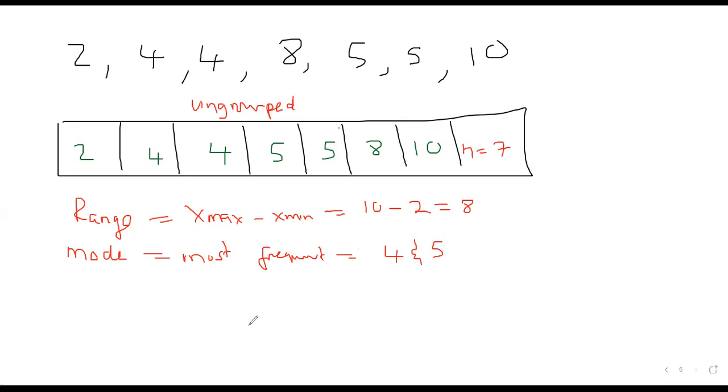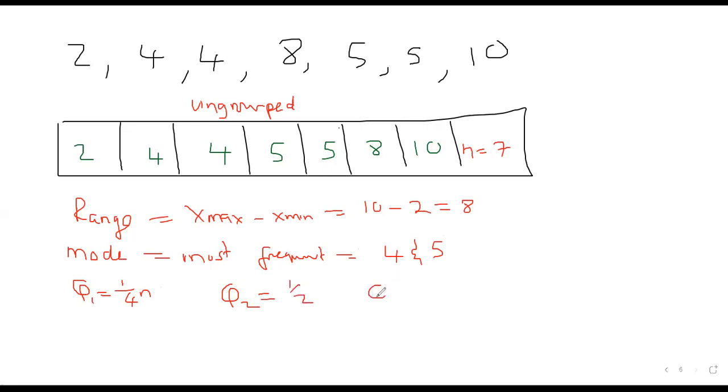All right. Then we get to what is called the quartiles. So we have quartile 1, which is a quarter of n. We have quartile 2, which is half of n.